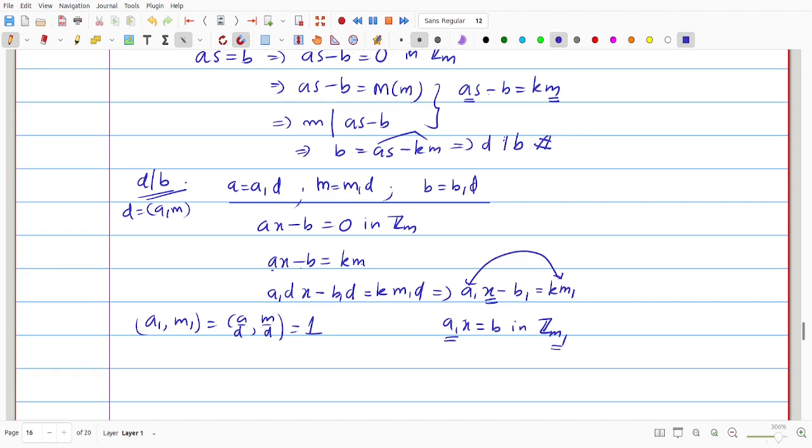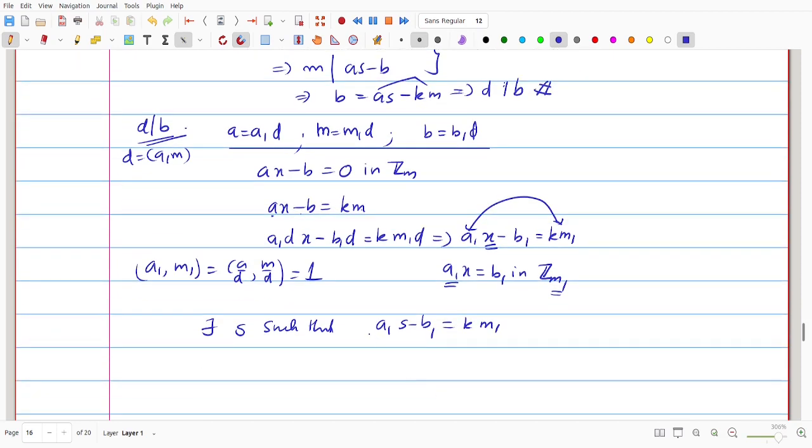So there exists an integer s such that A1s minus B1 is a multiple of M1, or this is K times M1. Now you multiply this equation with D, then that will be A1D s minus B1D is equal to K M1D.